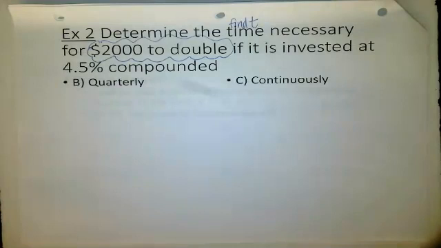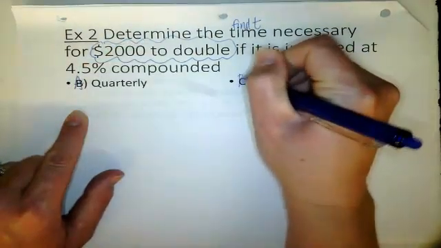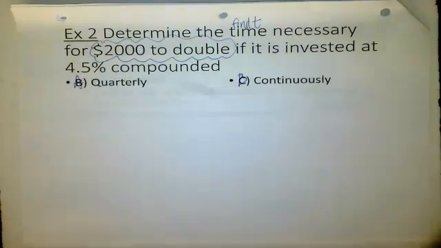To turn into 4,000. Sure, if you start with 2,000, we want to know how long it will take to reach 4,000. So the time to double, if it is invested at 4.5% compounded. Oh, funny, I put b and c. That should be a and b, I believe. Quarterly and continuously.